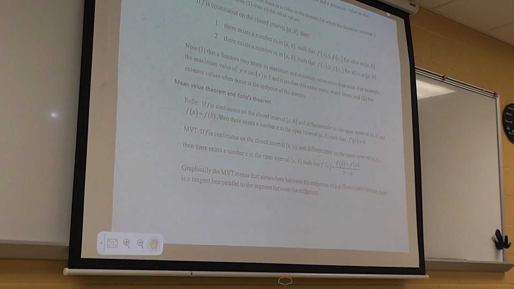Essentially, Rolle's theorem is just a special case of mean value. So you can prove anything Rolle's theorem proves with mean value; it will suffice. If you want to memorize just one for sure, it needs to be mean value. But it'd be nice to have them both.